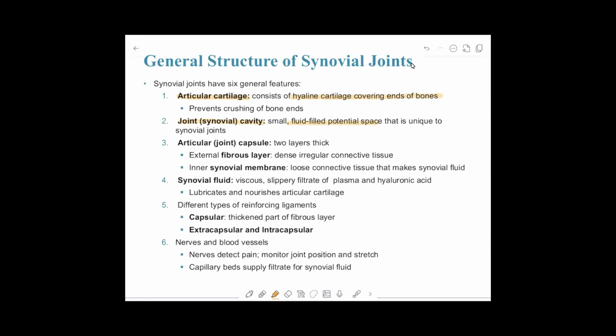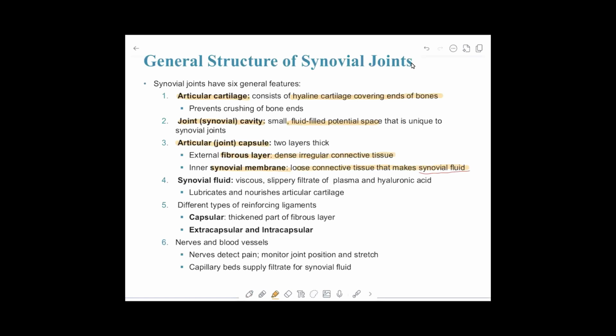It has an articular or a joint capsule, which has 2 layers. The outer layer is the fibrous layer, which is dense, irregular connective tissue, and an inner synovial membrane, which is the loose connective tissue that makes synovial fluid. And that synovial fluid is very important for lubrication of that joint.